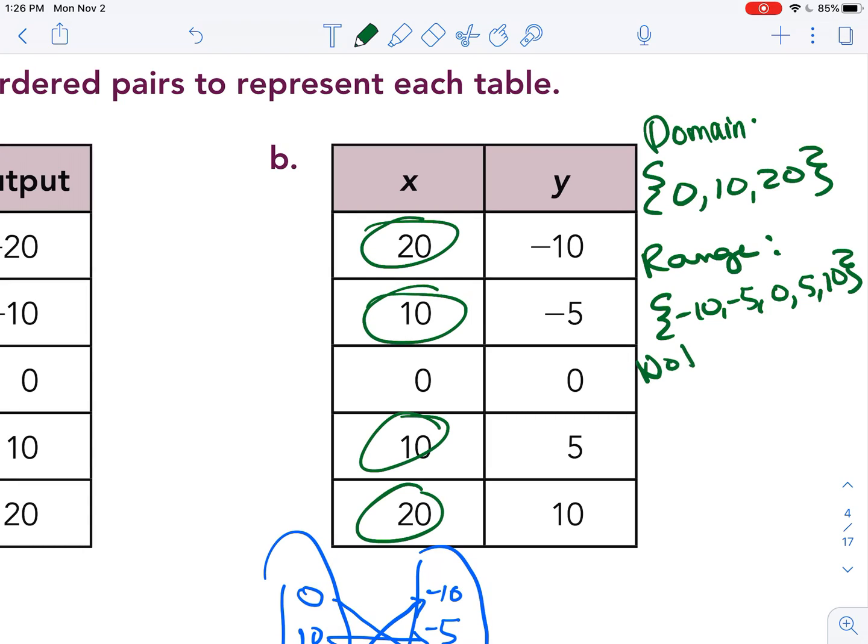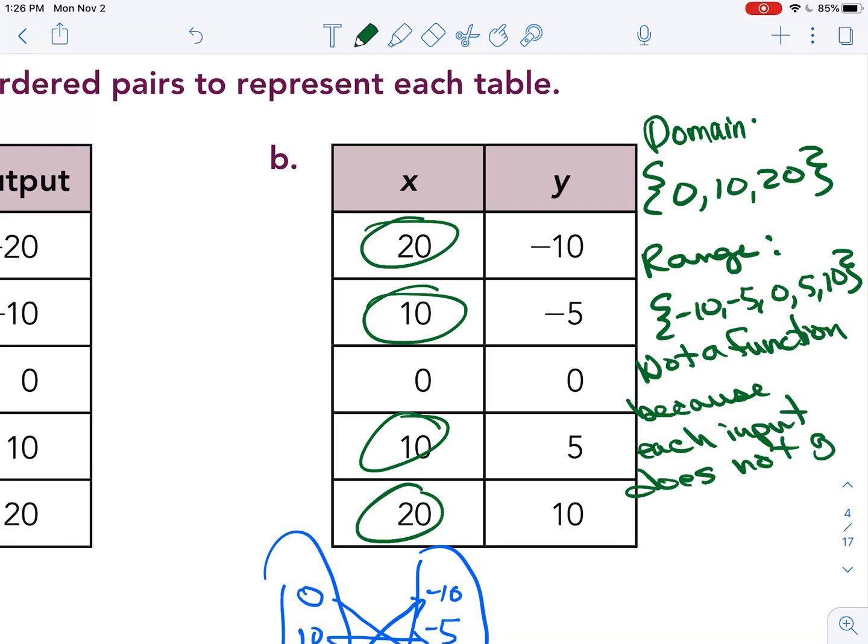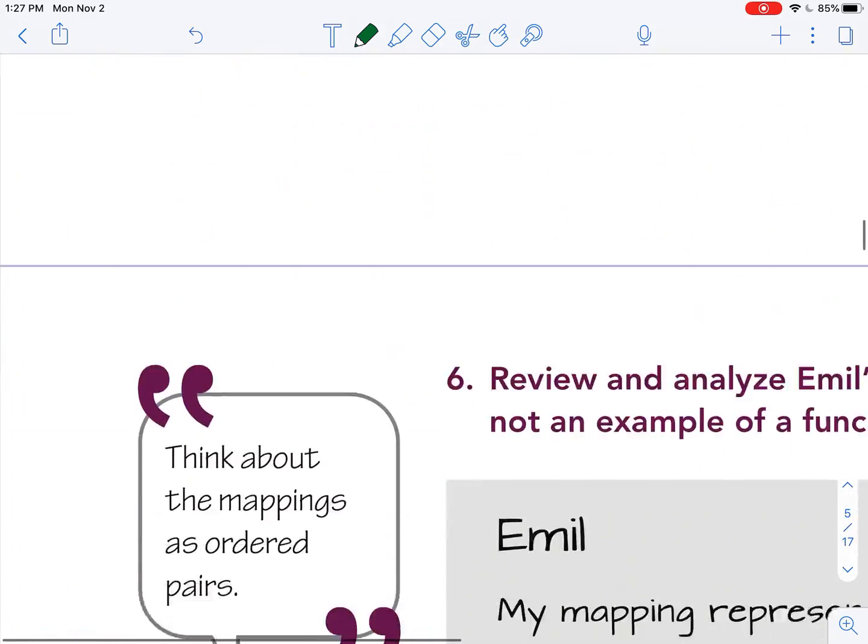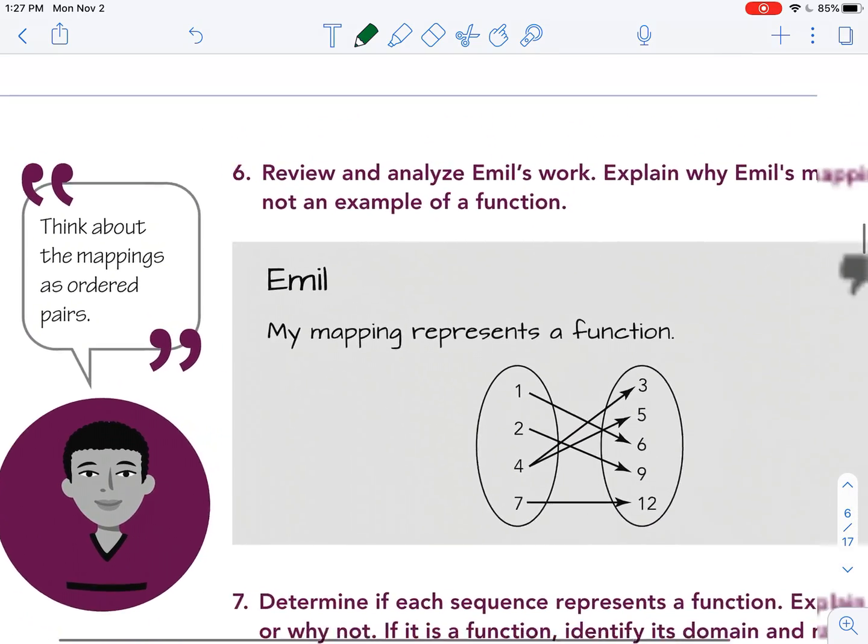So this is not a function because each input does not go to only one output. Okay, so now we can go back to where we were and go here.